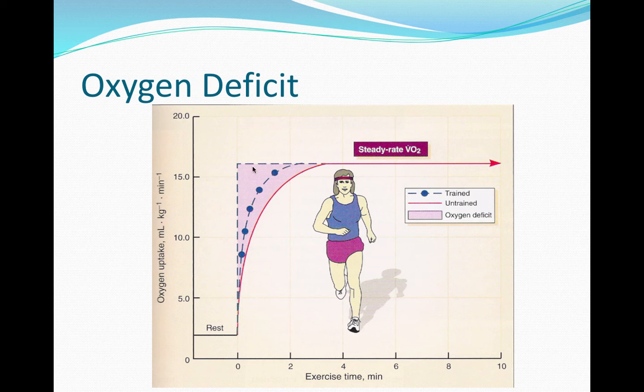O2 deficit is smaller in a trained person, and that's because they're able to meet their oxygen demands quicker due to the adaptations that they've made as an endurance athlete. Whereas the untrained individual may take that full 4 minutes, or, we say 2 to 4 minutes about. But no matter what, and if it's easy enough activity, they'll reach steady state, steady rate, same thing.